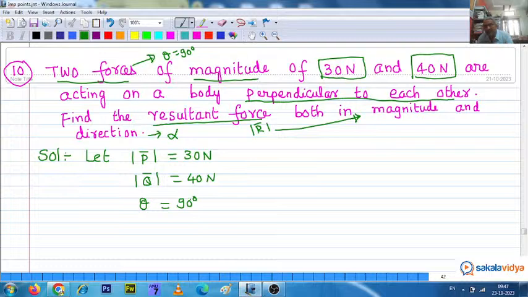How do we understand? As these two forces are acting on a body perpendicular to each other, with the help of this statement, perpendicular to each other, we came to know that the angle between them, theta, is equal to 90 degrees. So then we need to find out R bar, question mark, and alpha is equal to question mark. Right, let us proceed.